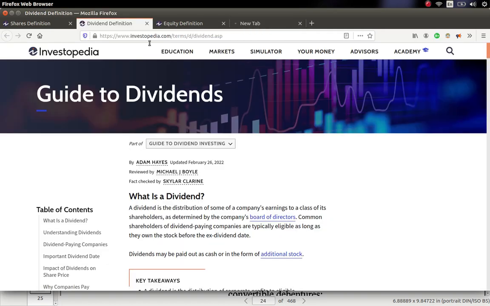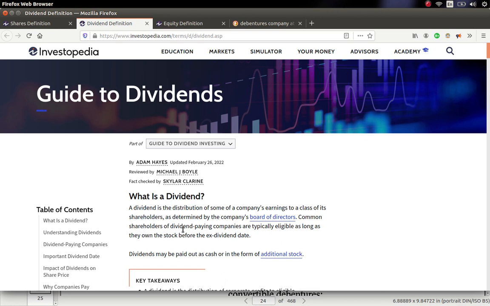Debentures of companies. We just want to get these definitions out of the way so we understand what we're reading. A dividend is the distribution of some of the company's earnings to a class of its shareholders as determined by the company's board of directors.